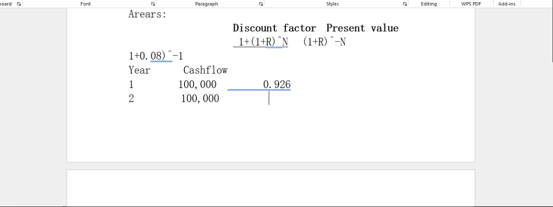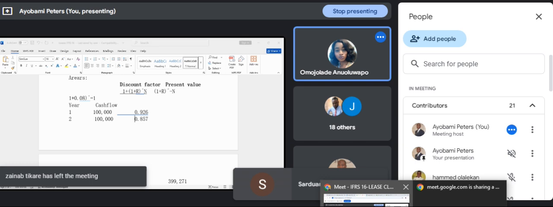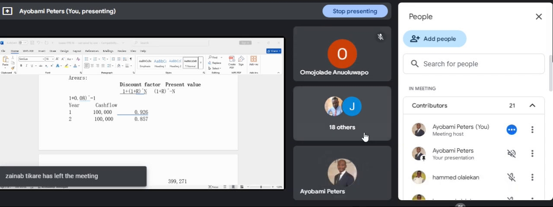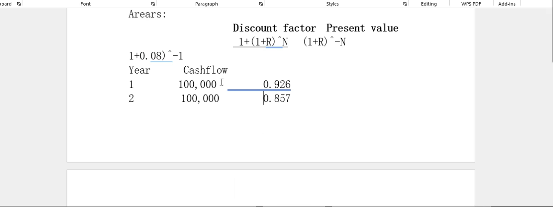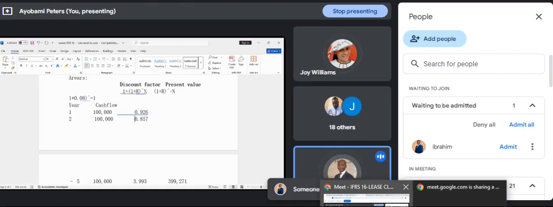If you don't know how it was gotten, let me know. This is how it was gotten. Look at the formula that I just wrote down.